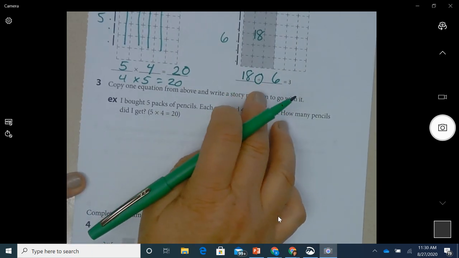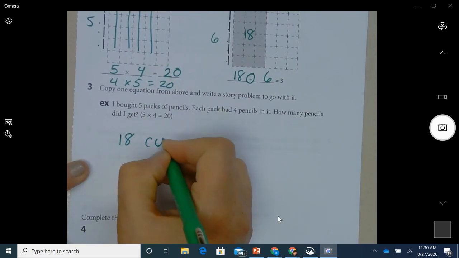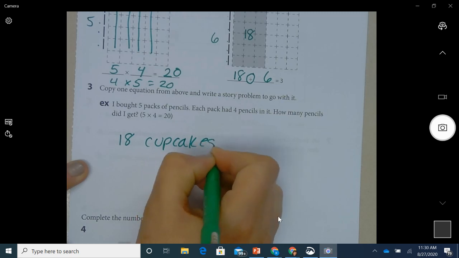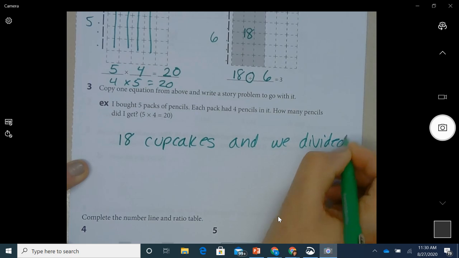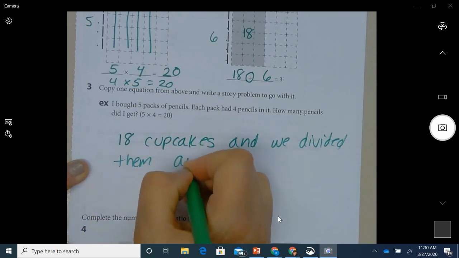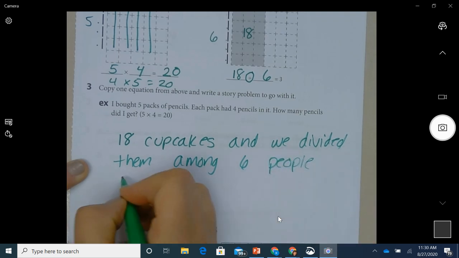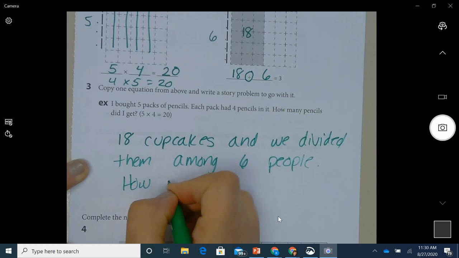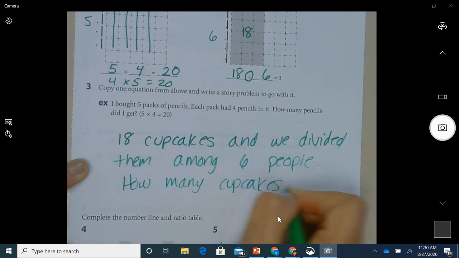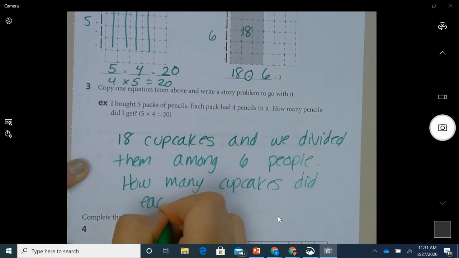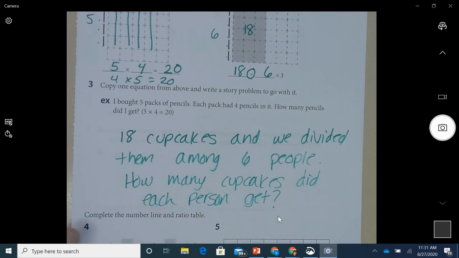Or if I took this problem, I could say we had 18 cupcakes, and we divided them among 6 people. So how many cupcakes did each person get? And that would give me my answer of 3.